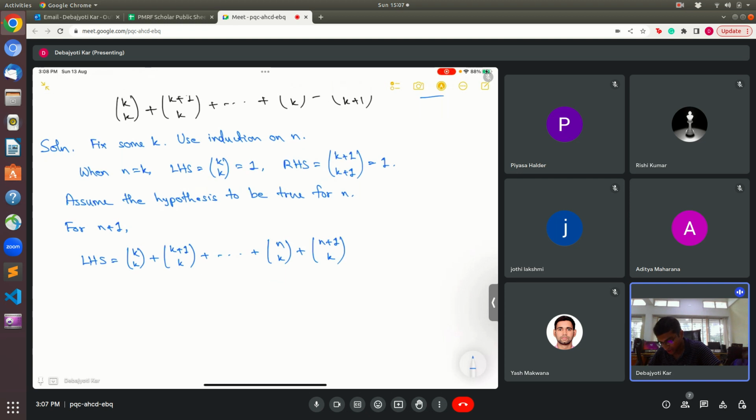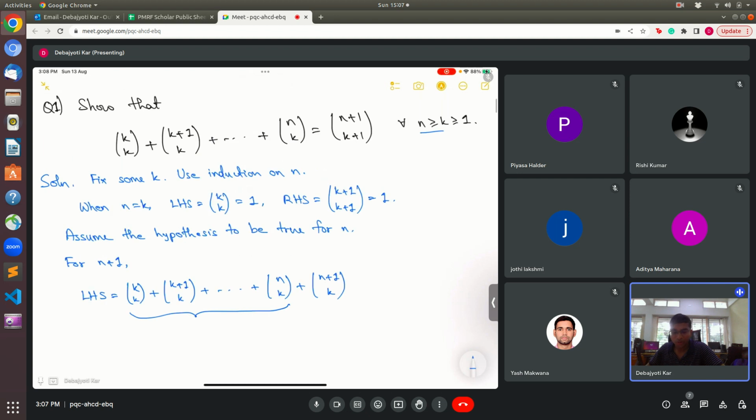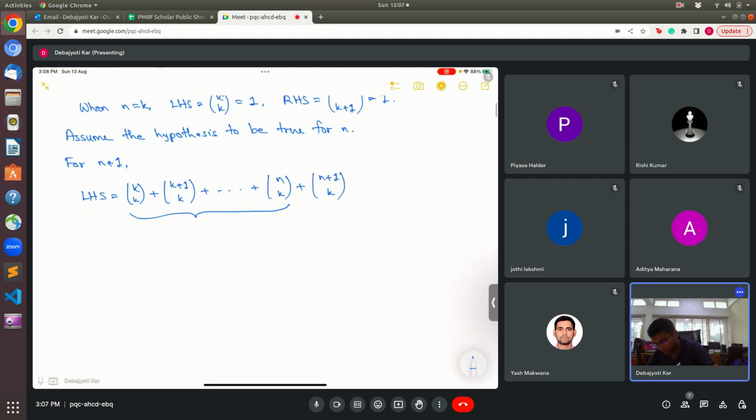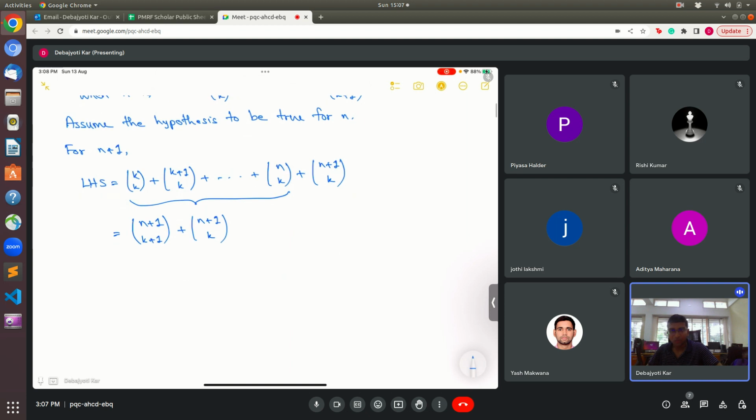Now by the induction hypothesis, we know that this sum is equal to n plus 1 choose k plus 1. So we can replace this by this thing. And now this is a very standard identity for nCr, so this is nothing but n plus 2 choose k plus 1.